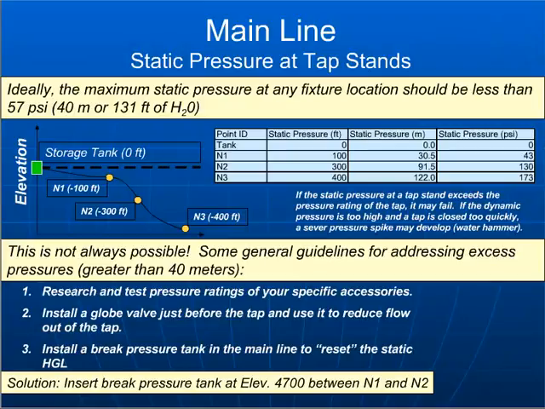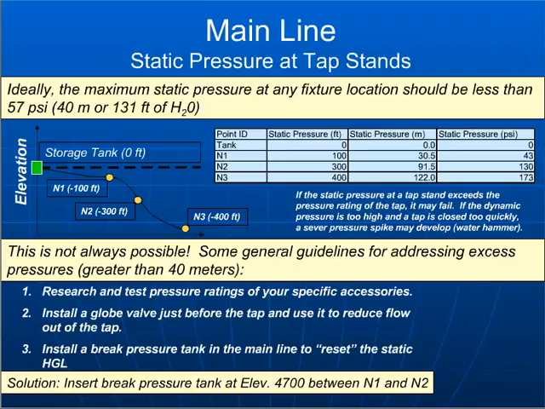Another alternative is to install a globe valve or some type of flow regulating valve just before the tap in order to reduce the total flow coming out of the tap, so that when the tap is turned off, you don't have that extreme backup of pressure in the system.